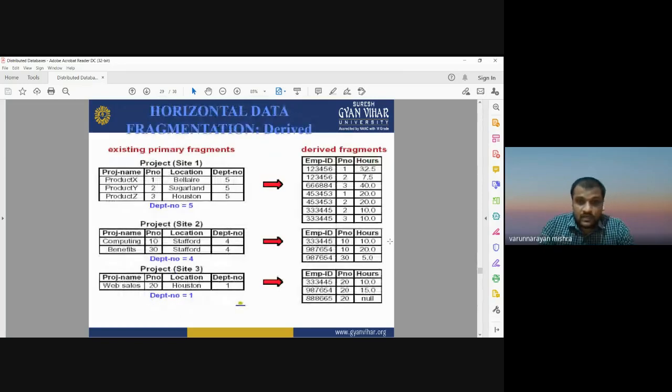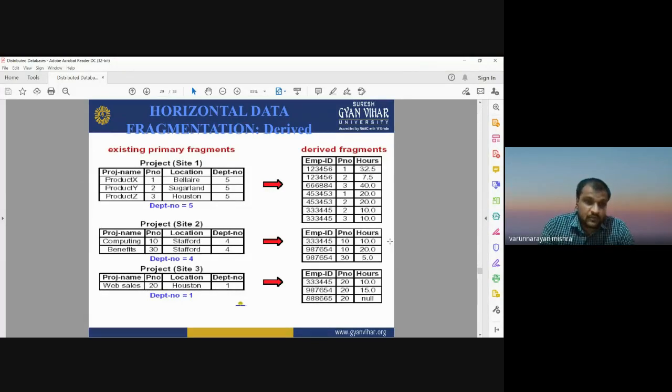Now we can have the option of the derived fragments from the existing primary fragments, that is project site 1, which has department number 4. It is derived as a separate table, that is derived fragments, employee ID and P number, that is 1, 2, 3, 1, 2, 3, 2, 3.